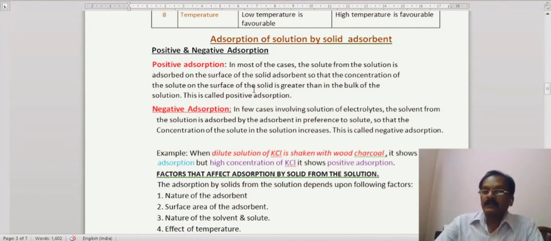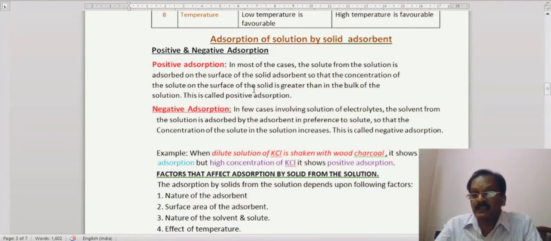When the solute adsorbs on the adsorbent, the concentration of solute decreases in the solution. Therefore, the solution becomes diluted.